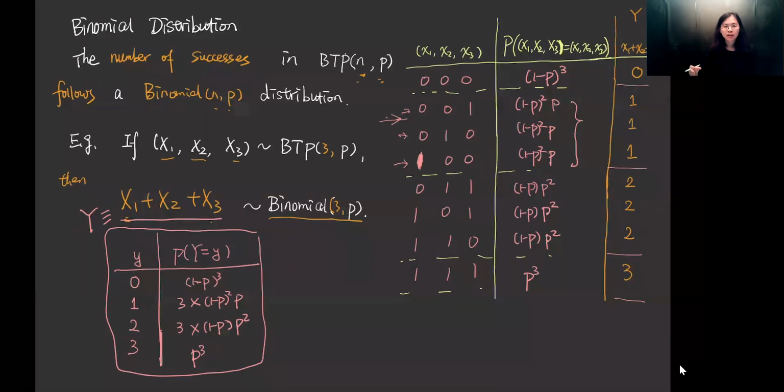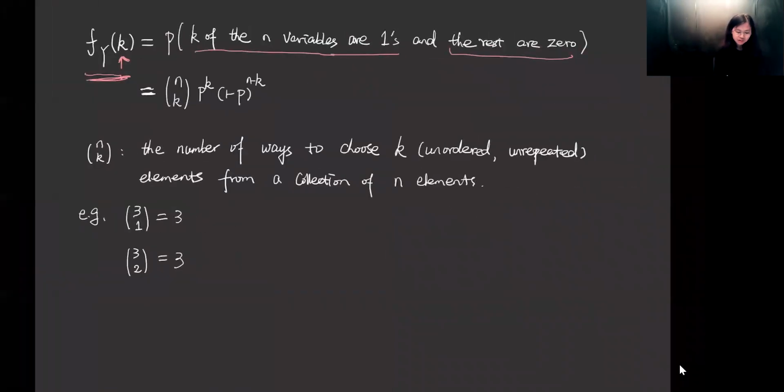The second component is the probability of each of such outcomes. So the PMF should be the number of outcomes consistent with k successes times the probability of each of these outcomes.